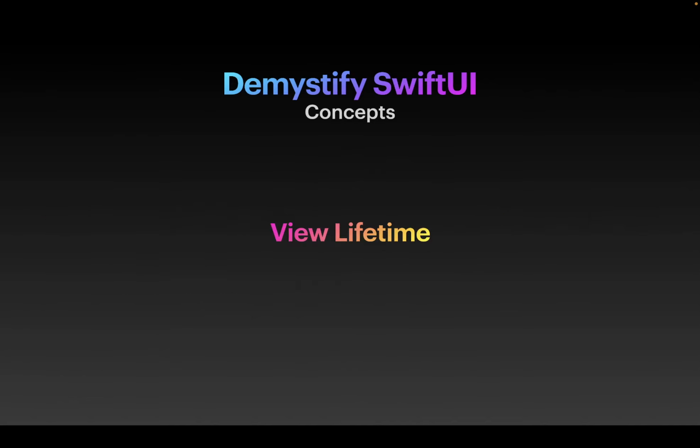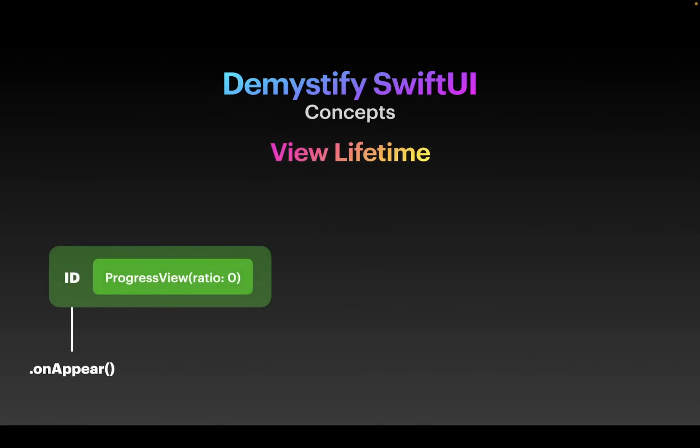Now, the next concept is about view lifetime. Take a look at this. For example, I have a view named ProgressView, and it takes an argument which is a ratio, and of course the ratio is a local variable stored in that view.